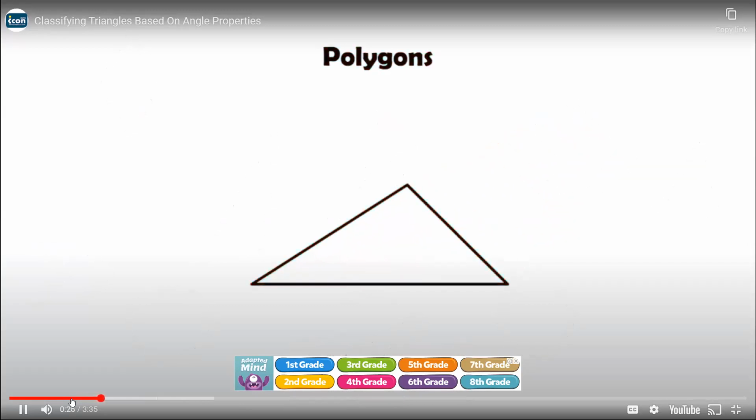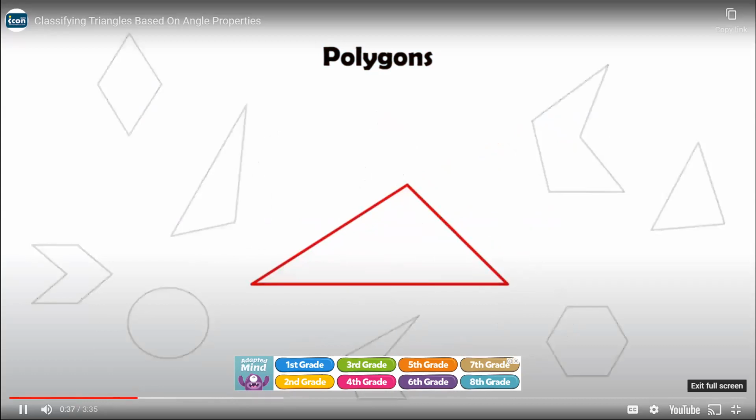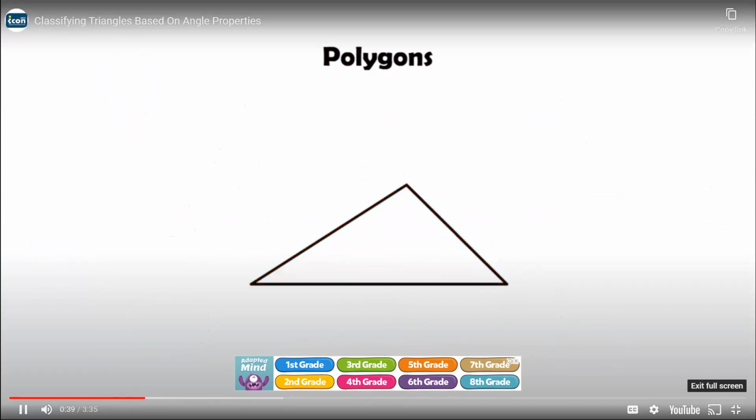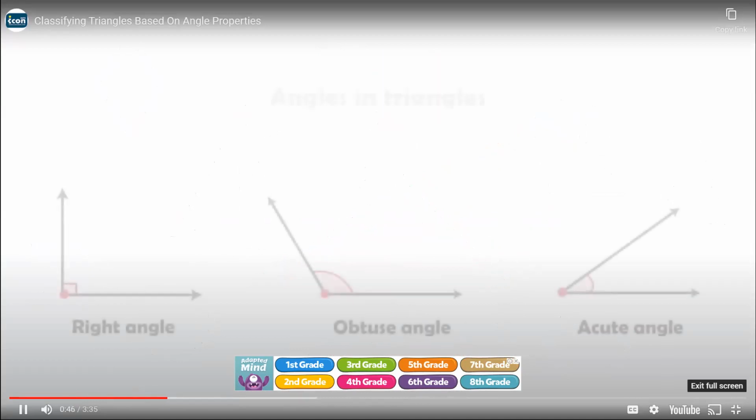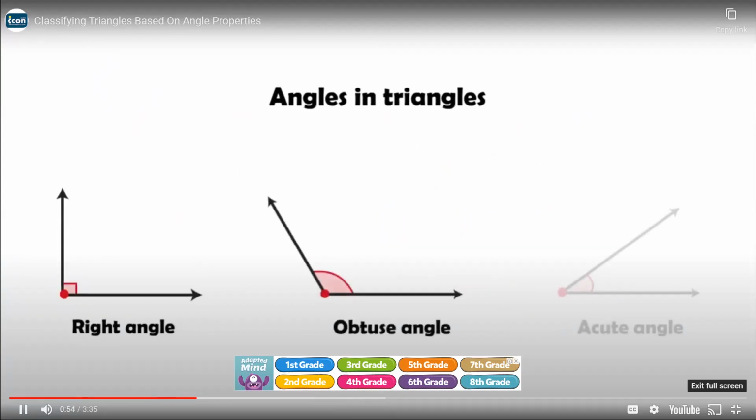Triangles are polygons with 3 sides and 3 angles. Like other polygons, triangles have many properties, and they can be classified based on these properties. Here, we will look at angle properties for triangles. As we learned before, there are 3 types of angles: right, obtuse, and acute.